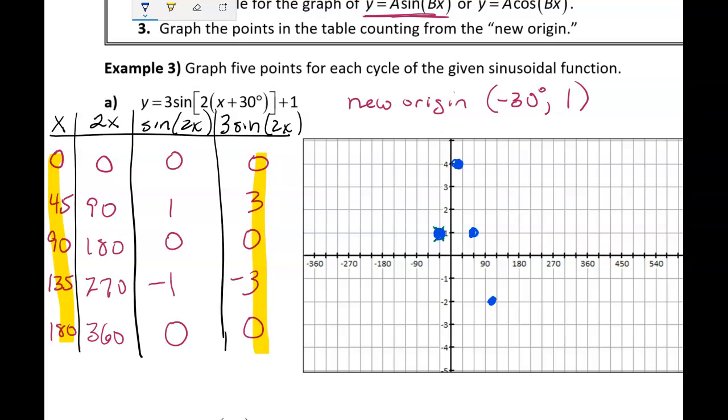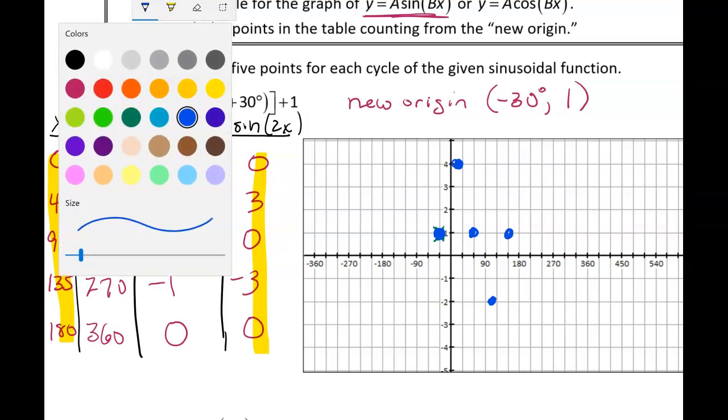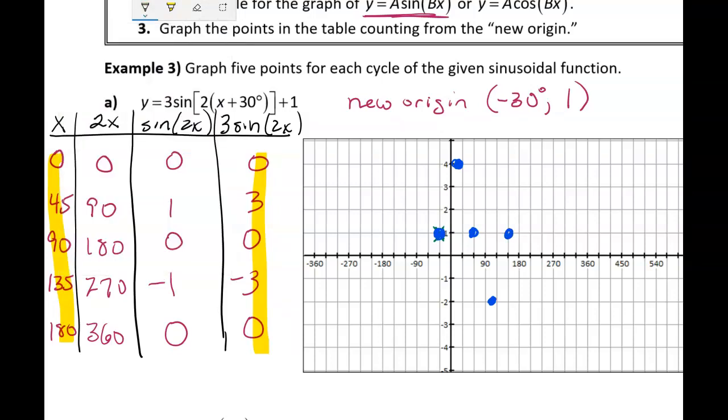And then over 180 from the new origin, and up 0 from the new origin. You just have to get yourself used to graphing from a particular point rather than from 0, 0.